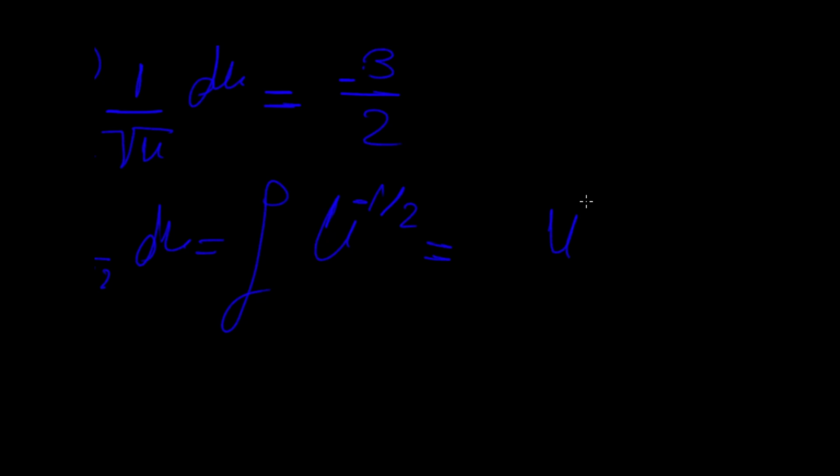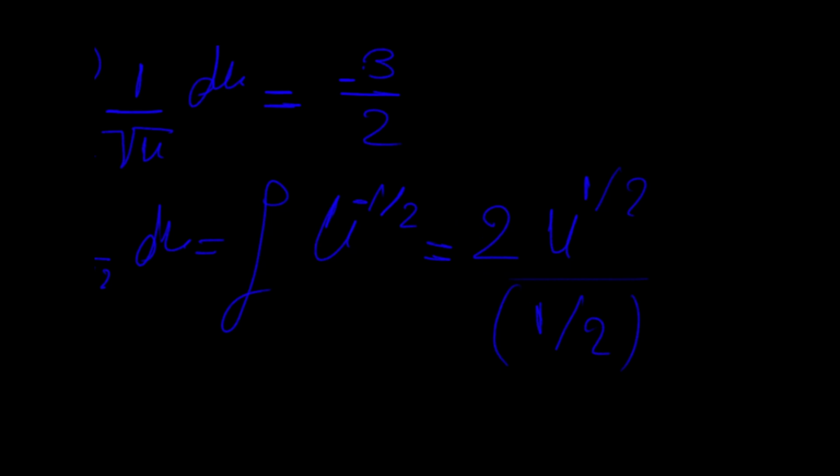Negative 1 over 2 plus 1 is equal to 1 over 2. So we'll have 1 over 2 divided by 1 over 2, and as we have said before, we can just take the reciprocal of the fraction and multiply it by the numerator. We'll have 2 over 1, which is basically just 2.